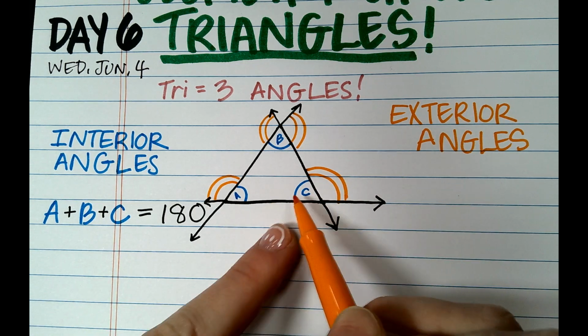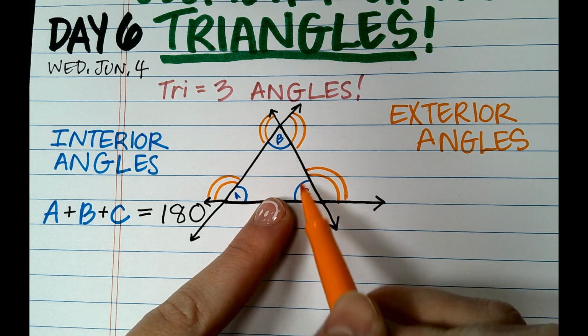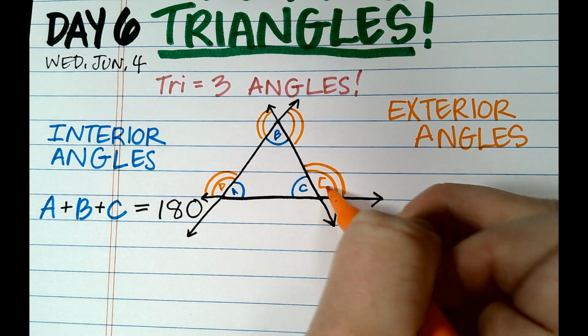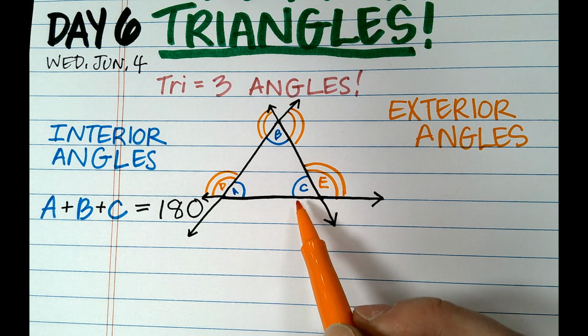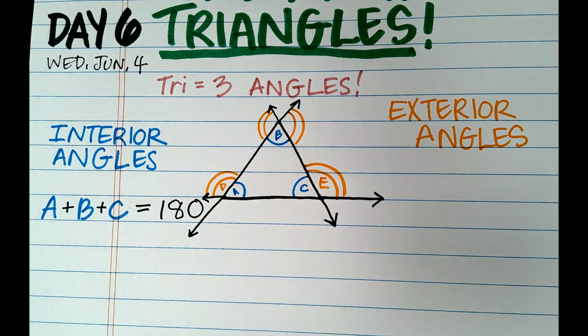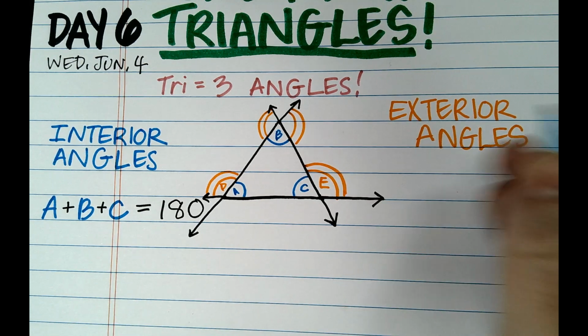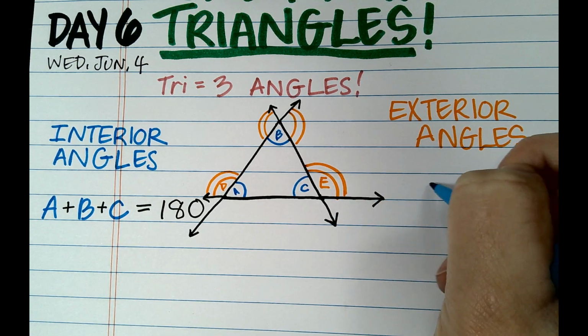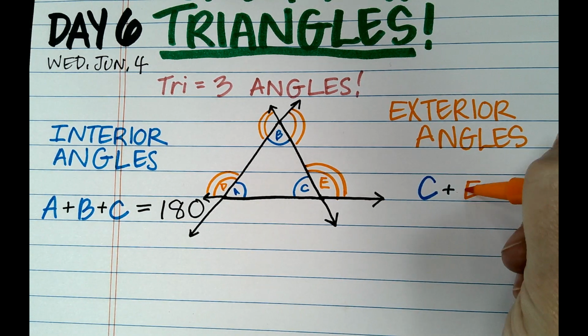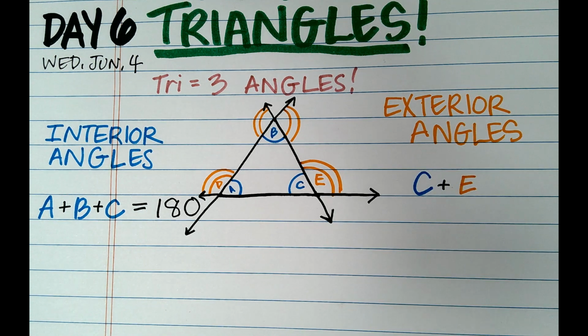And that's because angle C, for example, and on my paper, I call this D, call that E. Angle C and angle E form a straight line. So we could write another little formula here if we wanted to. For example, C plus E equals 180.